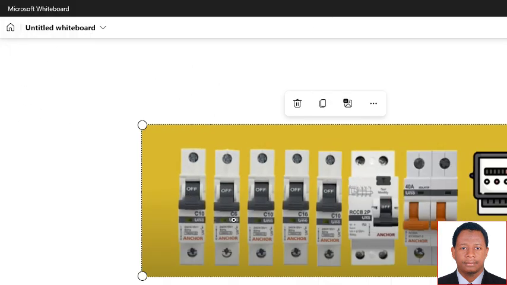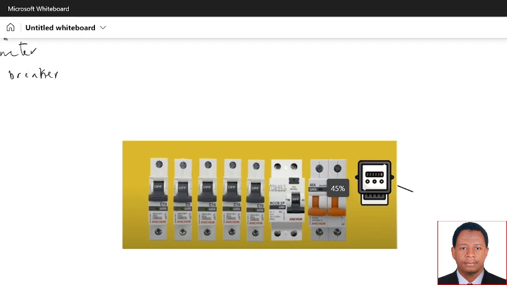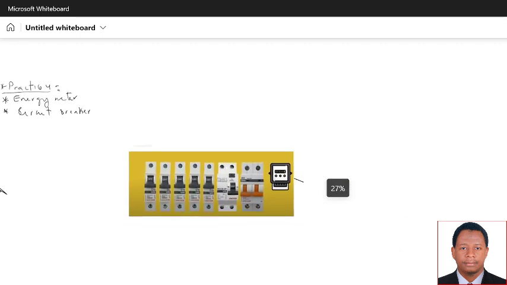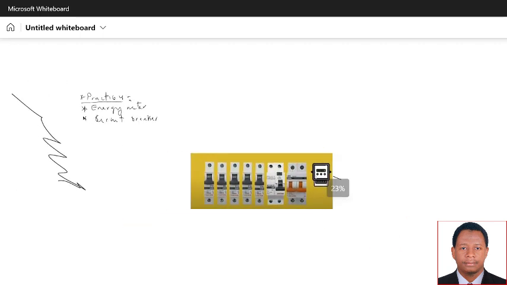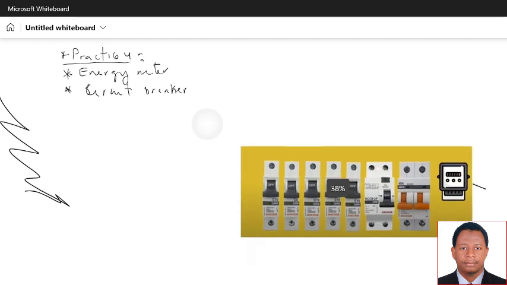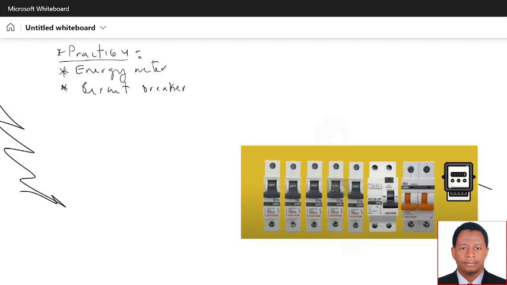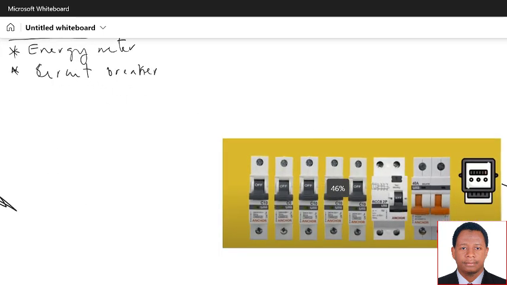We have also seen this circuit. In this circuit, we have the energy meter and the circuit breaker that we discussed in the previous video. The energy meter has a form like this.